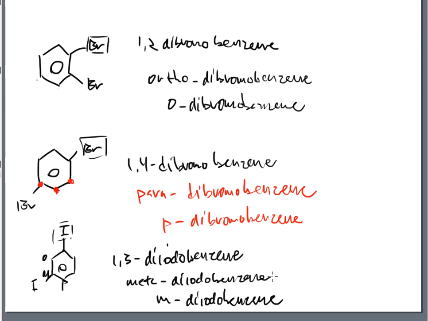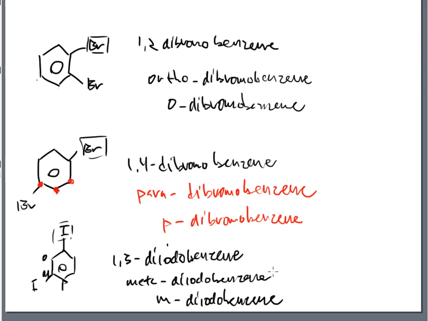But folks, this is not yet over. The reason that I'm saying that is because in every single one of these cases, the groups are identical. So there's got to be more to the story. You know that that's coming, right? You know that there's a very strong chance that these two groups are not going to be the same. They're going to be different. So how do we handle that?